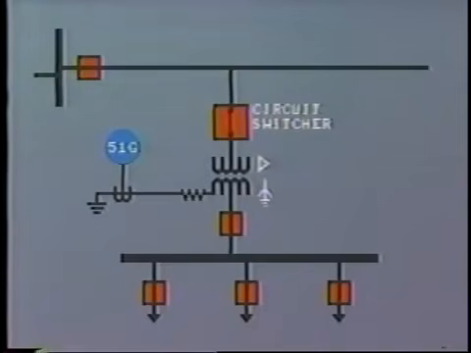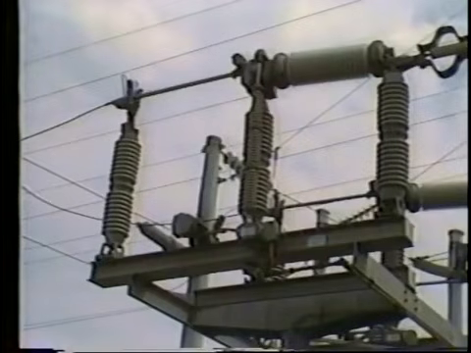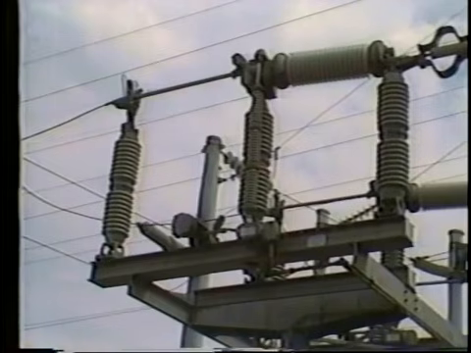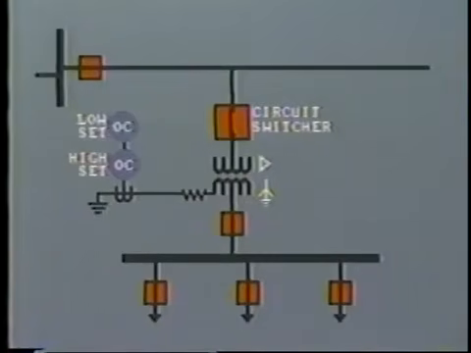Instead, a circuit switcher may be installed on the transformer primary instead of a high-voltage fuse. This is far less expensive than a circuit breaker, but in return it provides very limited fault interrupting capability. If the fault current is low, this switcher will be quite capable of interrupting the circuit.